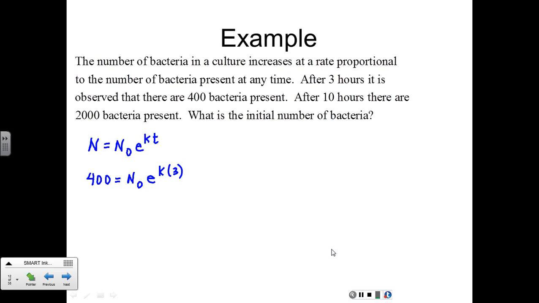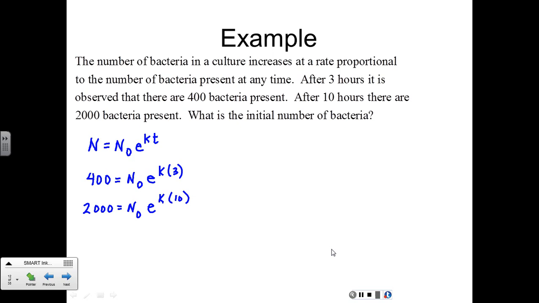Next sentence says, after 10 hours, there are 2,000 bacteria present. So 2,000, still don't know how many we started off with, e to the k times 10 hours. So what I'm going to try to solve this equation for was the initial number of bacteria.